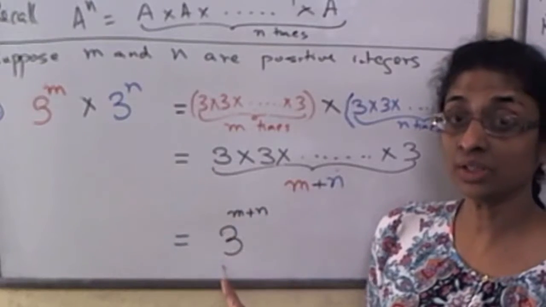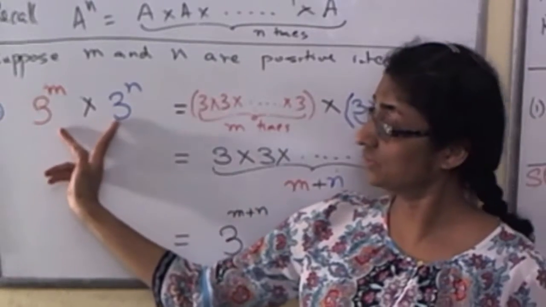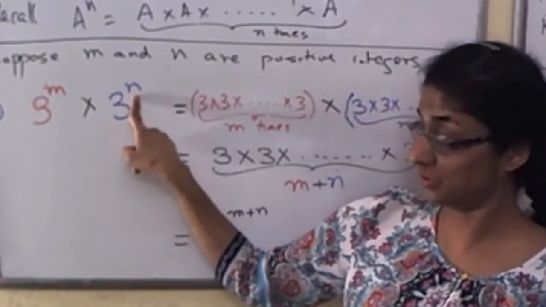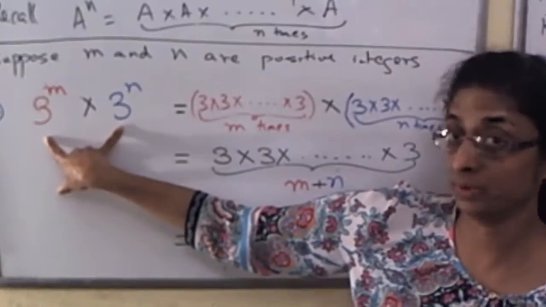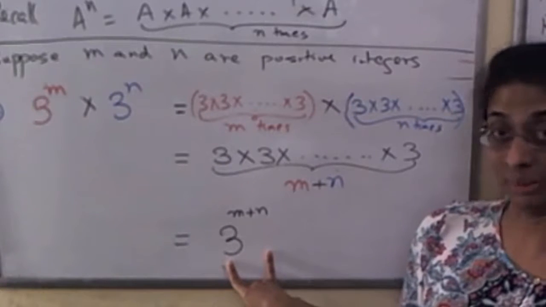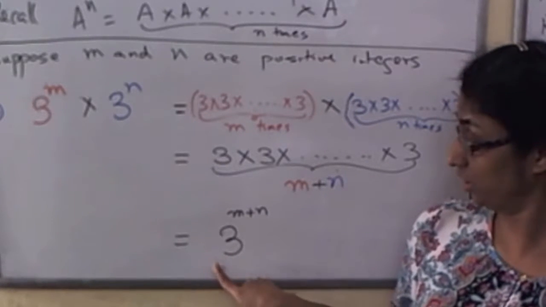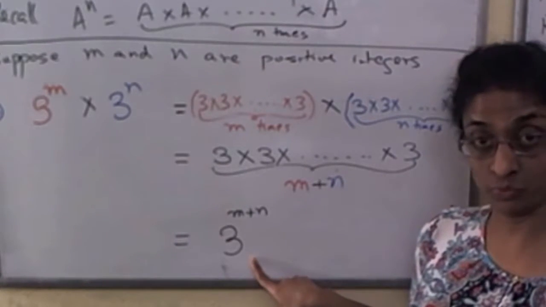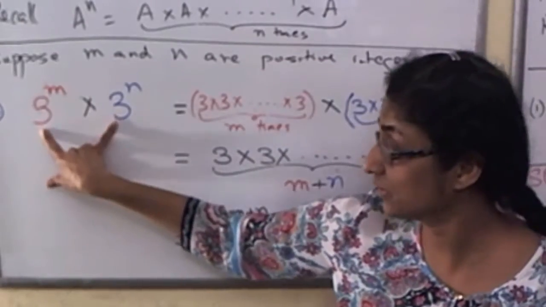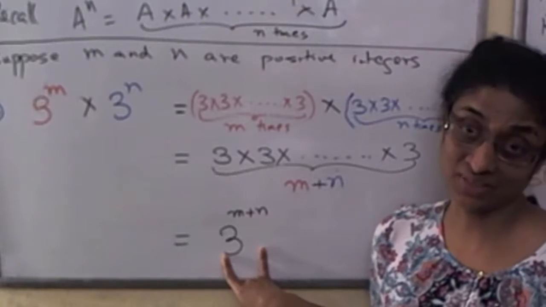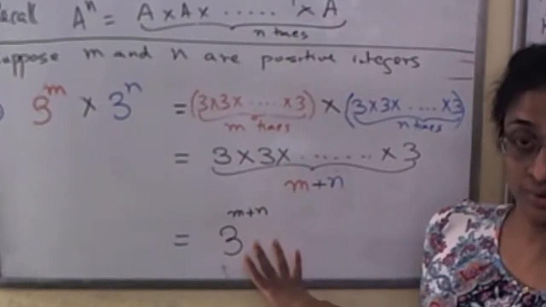So anywhere in math, if you have this expression 3 to the m times 3 to the n, by this logic, you can always replace that expression by 3 to the m plus n. Conversely, if you have this expression and for whatever reasons you want to write it as this, that would be correct because this and this are exactly the same number by this logic.